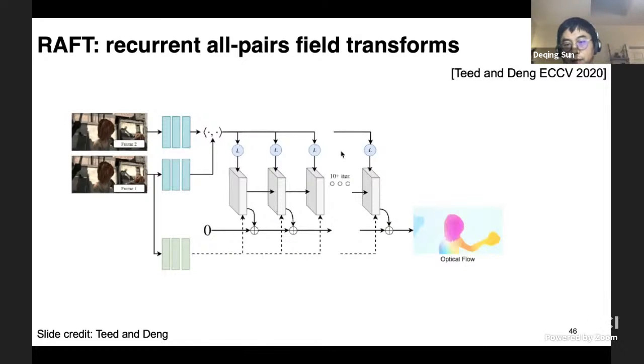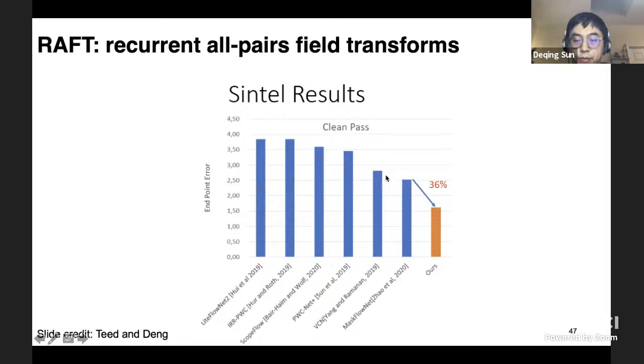It's very similar to traditional energy minimization. You repeatedly apply it, and this obtains a very significant improvement over the previously best published results, like 36%. That's very big in terms of optical flow progress.